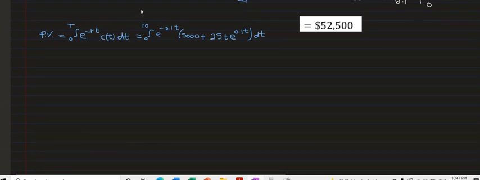Now let's keep this amount and go on integrating that function.